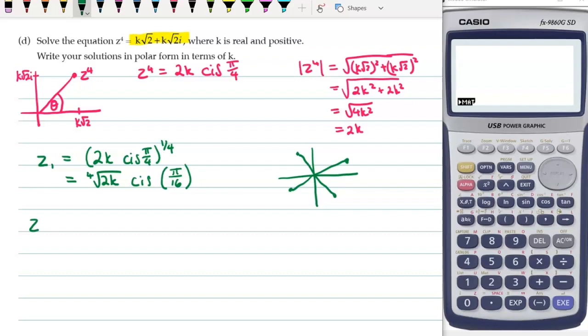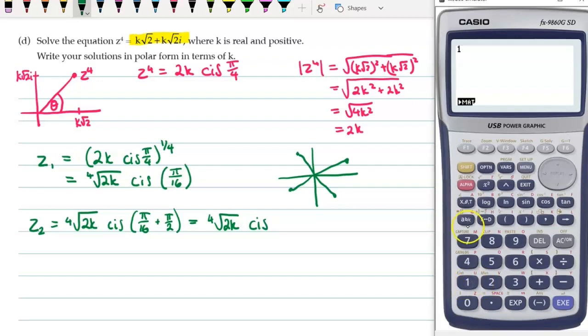So the second solution will be to add on pi by 2, which is the same as saying it's the fourth root of 2k because the modulus never changes. But if we do 1/16 plus 1/2, we get 9 pi by 16.